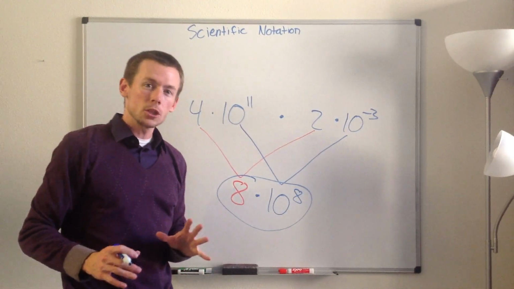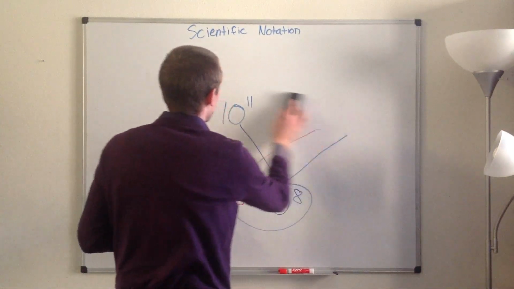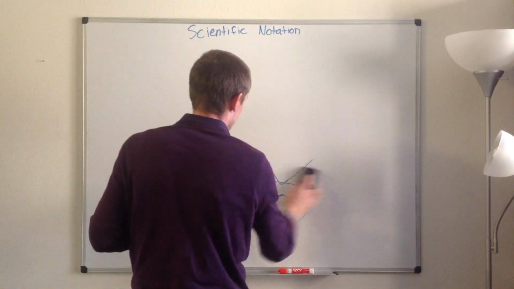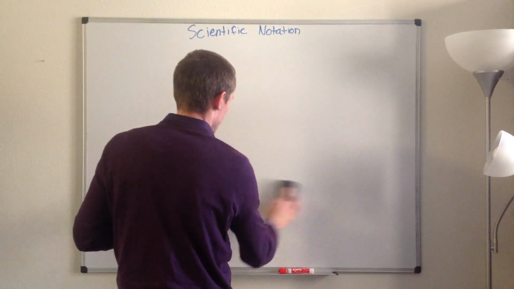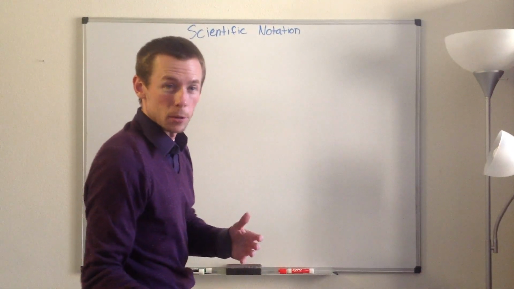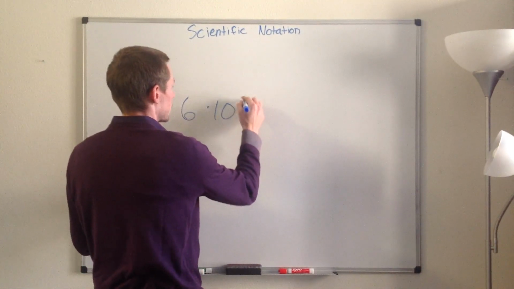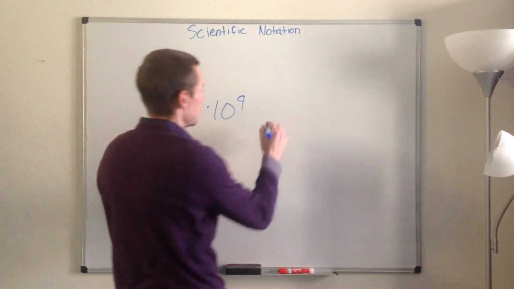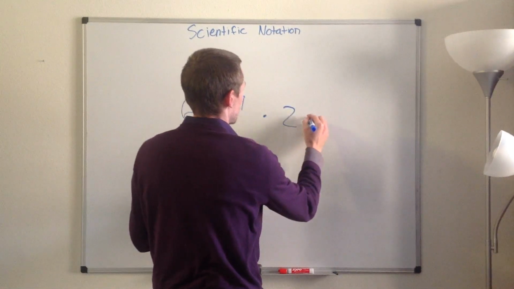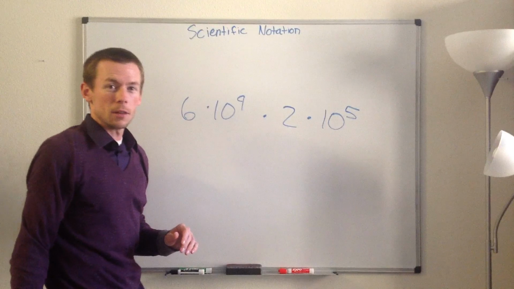Now, there's one other situation we want to be careful about. I'm going to illustrate that right here. Suppose we have something like this, and this is where I'm going to return to 6 times 10 to the 9th multiplied by 2 times 10 to the 5th.